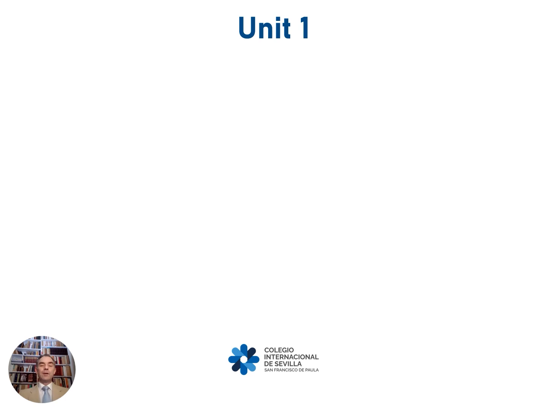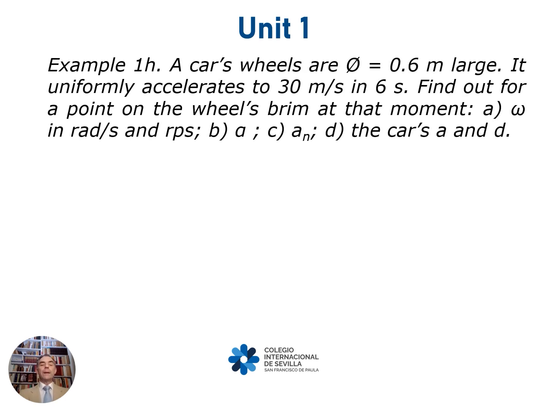Let's see a numerical example to make it clear. A car's wheels measure 0.6 meters in their diameters. It uniformly accelerates from being still, obviously, to 30 meters per second in 6 seconds.